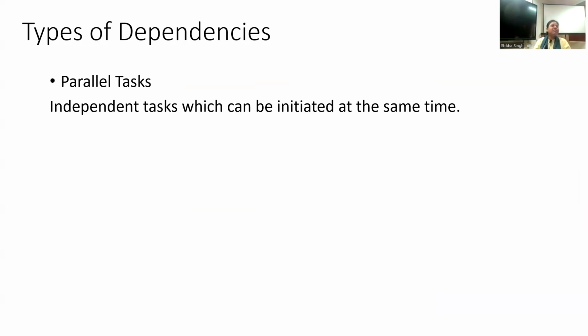In that you must have studied what the parallel tasks are. Very easy to understand. Parallel means they are independent, and those tasks can be started anytime, right? Or you can say that both can be initiated at the same time, right? So this we'll say the independent task.